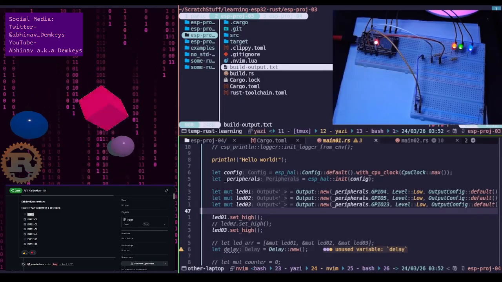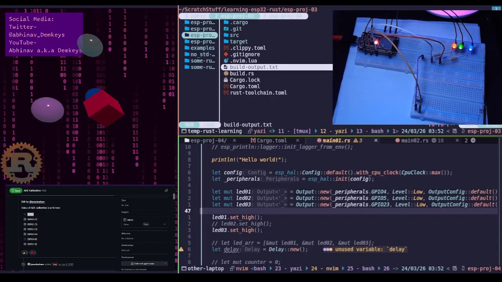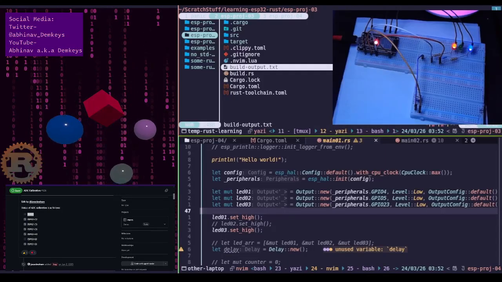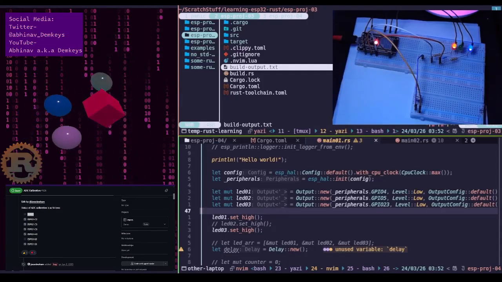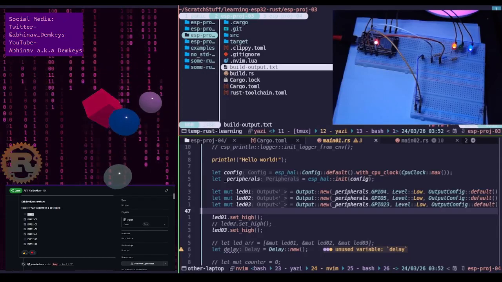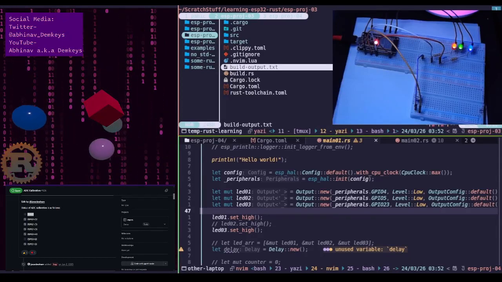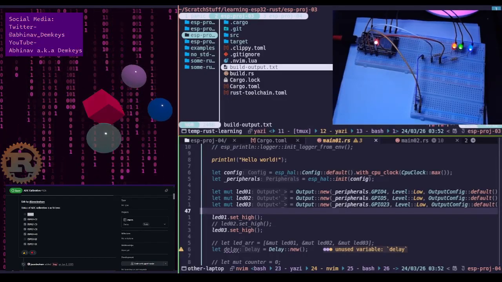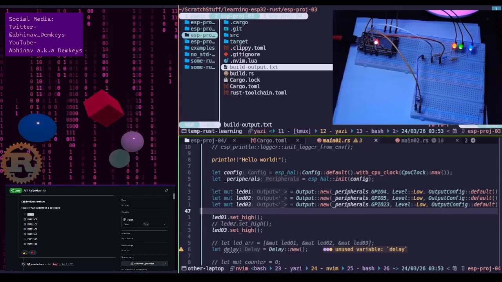Oh yeah, I had to ask Gemini this question. Hey, I'm doing no STD. I'm learning no STD Rust for ESP32 development. I want to use the ADC on the ESP32.